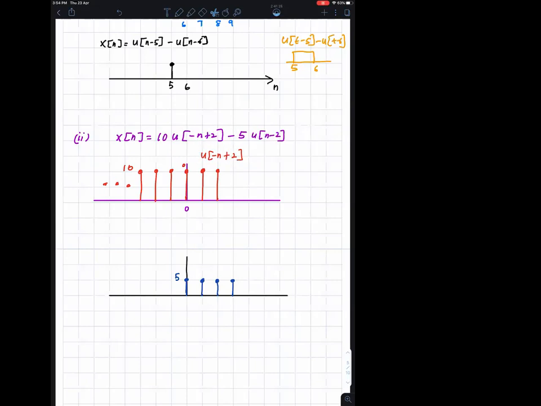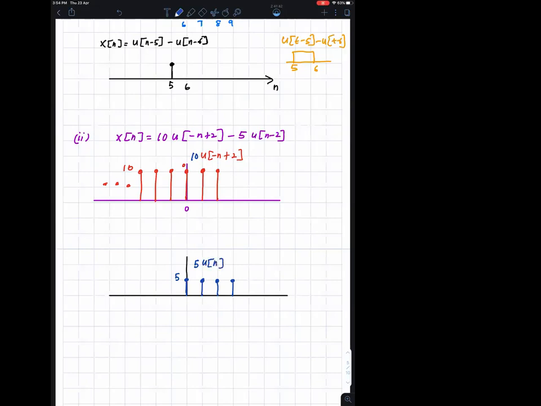It's supposed to have been a 10. So I'm just plotting 5 un.